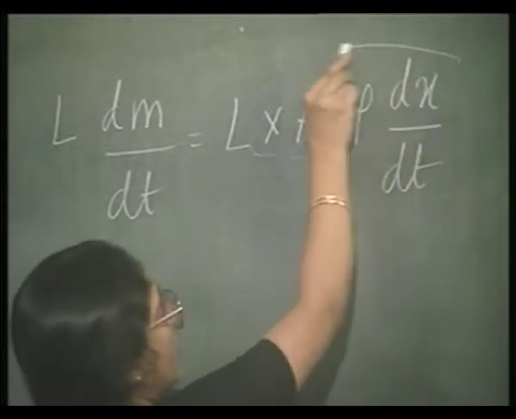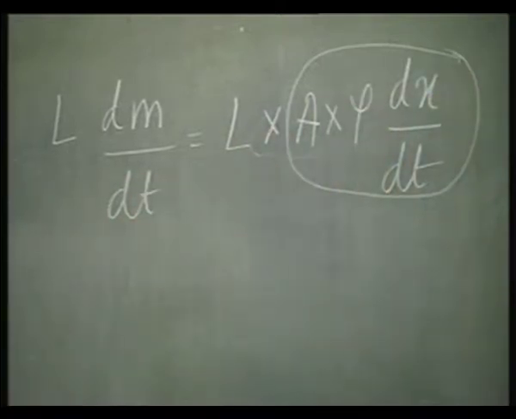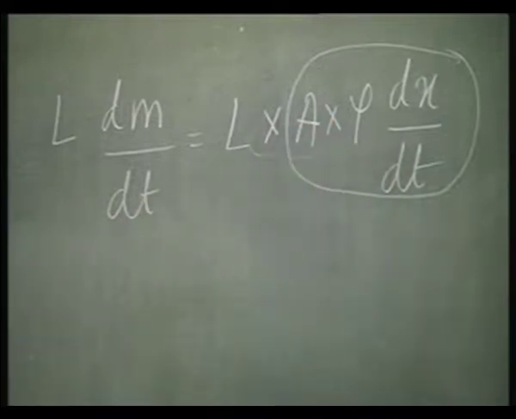This is actually equal to the dm/dt term, rate of change in volume times the density, that is the rate of change in mass.